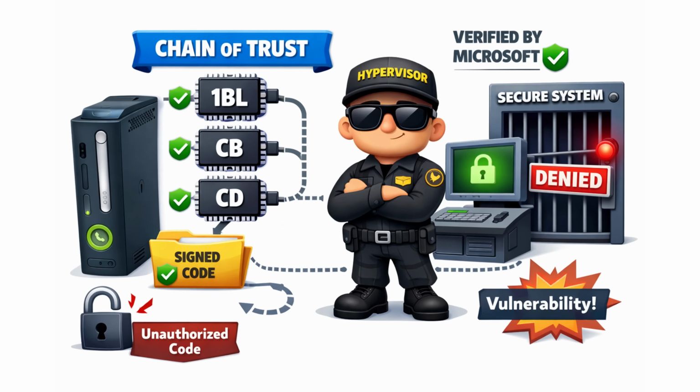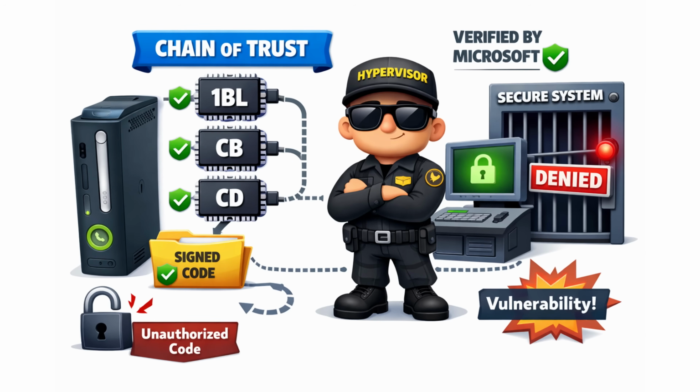The console was designed around something called a chain of trust. Each stage of the boot process verifies the next stage using cryptographic signatures. In simple terms, every piece of software must prove it was created by Microsoft before it is allowed to run.